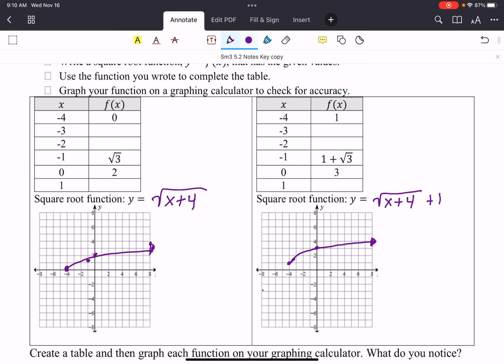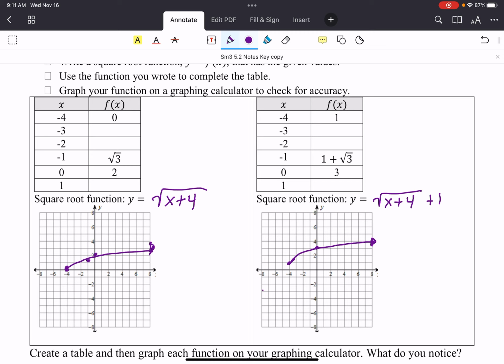Someone that hasn't answered yet? Maddie. It went up the y-axis. How many times? Once. Okay.